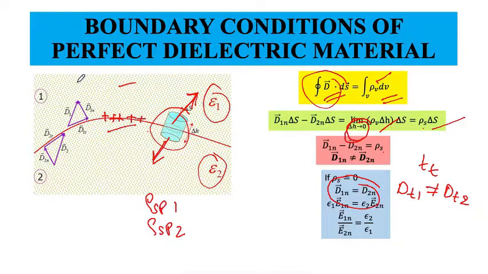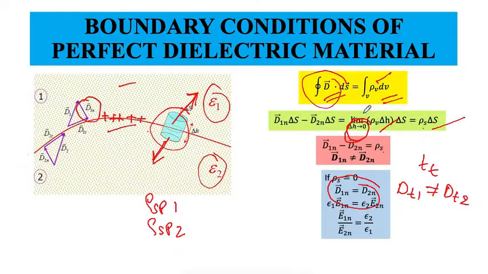So the actual vector would be obtained by combining the two. That vector will have a tangential component and the normal component D norm 2, and this is the normal component of D1. Similarly, this is vector D2.